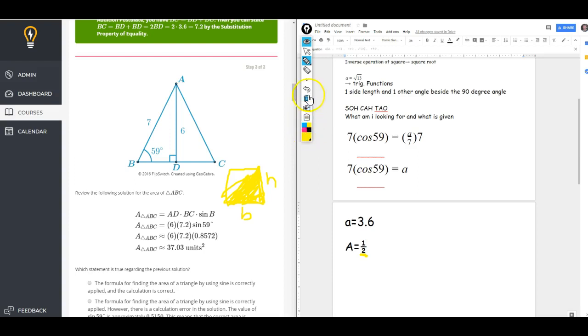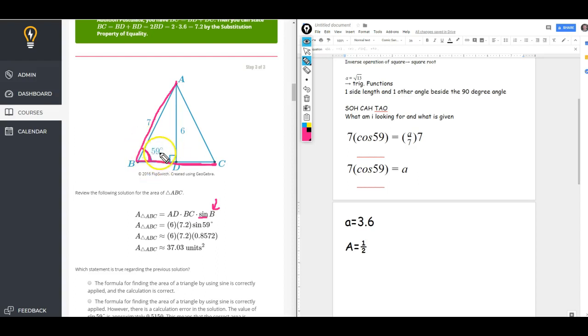The other thing that I check for is the area formula using sine. I call it my sandwich method. It's just how I check that I have the right side lengths and the right angle. So since I'm given angle B, I want to make sure that this angle B is sandwiched, meaning that I have the side lengths that are creating that angle, or sandwiching that angle in.